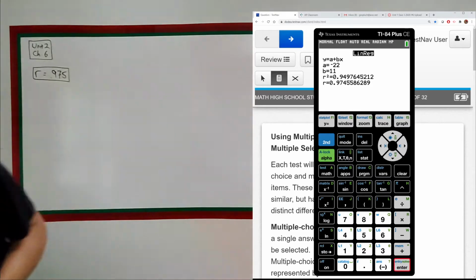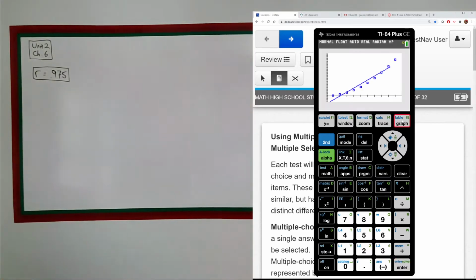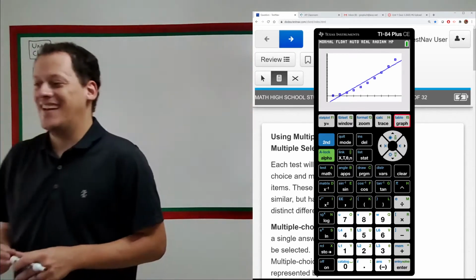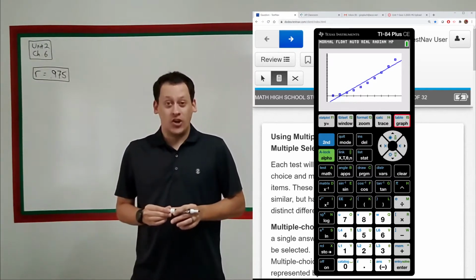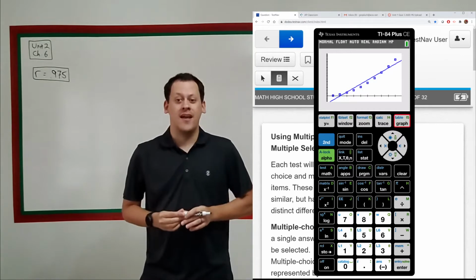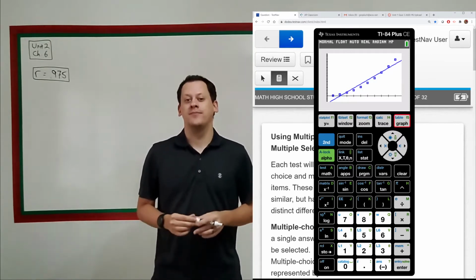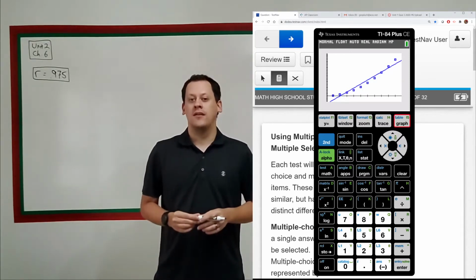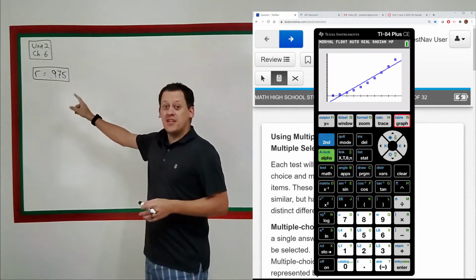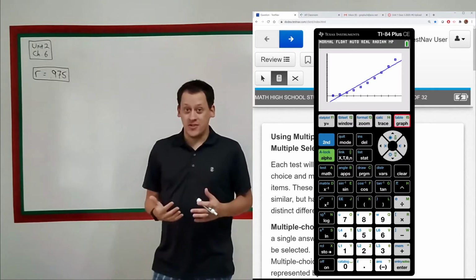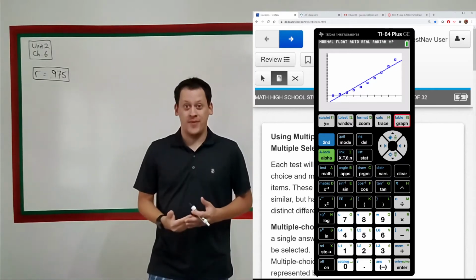So if you were to look at the scatter plot, that's what you see. You see a clearly curved pattern in the data, and we're trying to fit a straight line to it when we do linear regression. R is close to 1. But just because you can calculate R does not mean the relationship between the variables is linear.